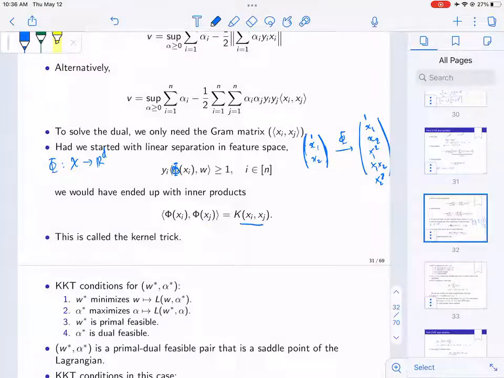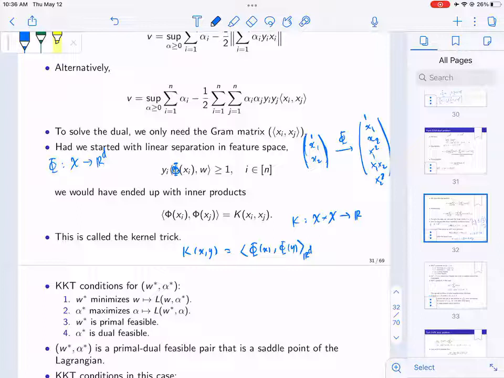If you have any feature map, you can define a bivariate function k on the space X times X to R. If you have an inner product in R^d, which is just the usual product in R^d, the space X could even be abstract, like non-Euclidean.